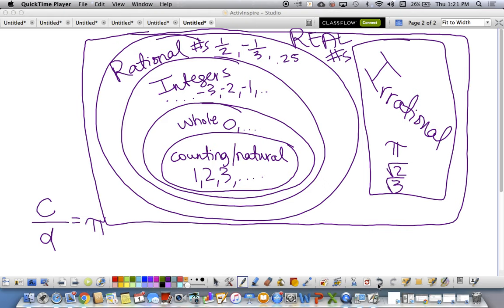Algebra 2, I hope you saw it. You learn about some things that are not real numbers. Because I had one of my new kids in another class go, well, what about i? Wait, we're not going there. If you're a freshman, you don't know anything other than this. But I'm not going to make you believe that there's nothing else out there. We want to believe there's more out there.